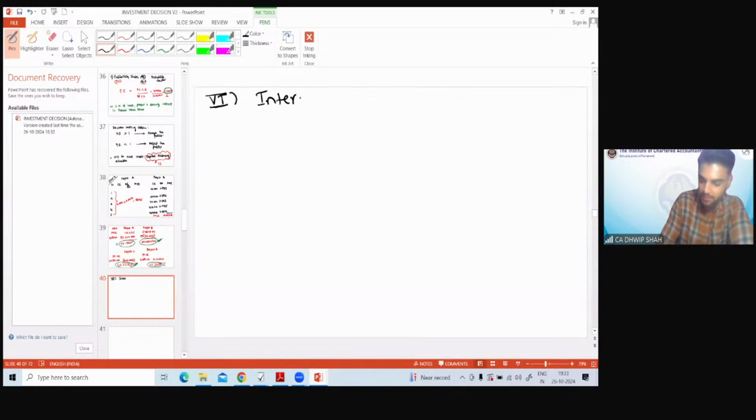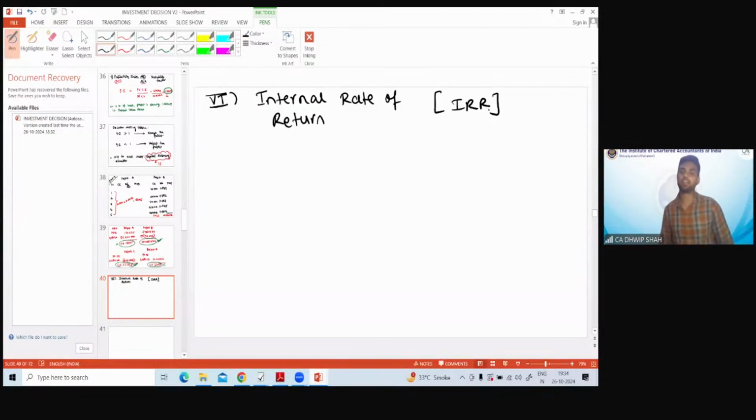Internal rate of return, IRR. First, let's understand the meaning of IRR. See, IRR is the discounting rate. Listen very carefully.